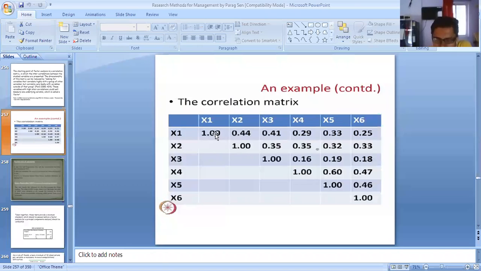It means that a particular variable is related only to itself and is not correlated with other variables.